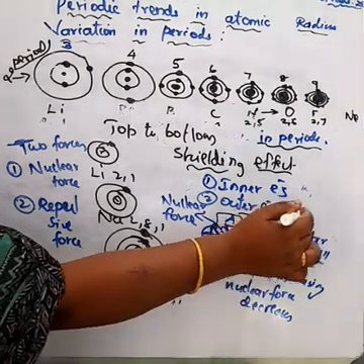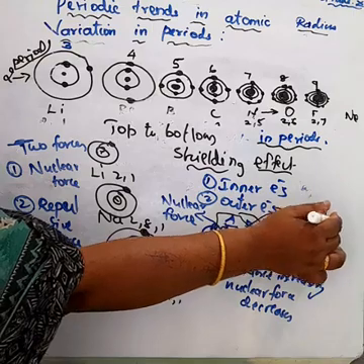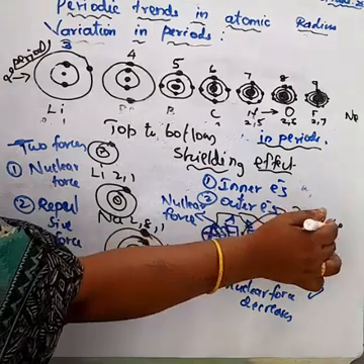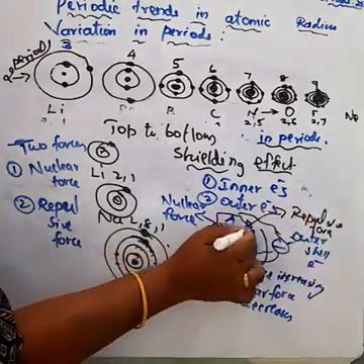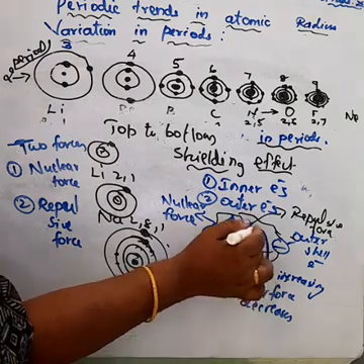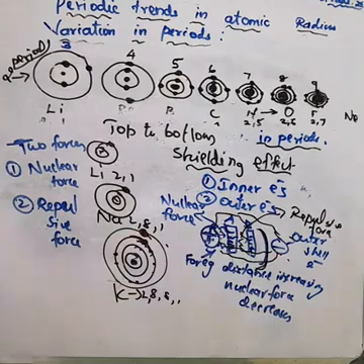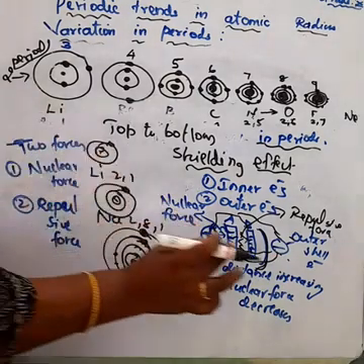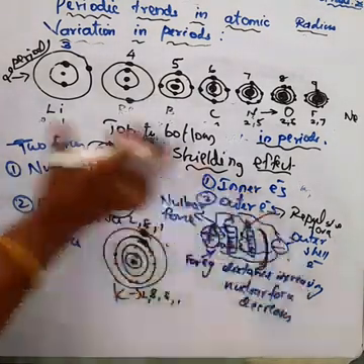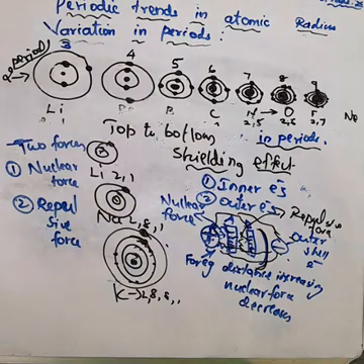These two orbits' electrons act as a screen or shield, and they always repel the outermost electron, the valence electron, also. This is called the screening effect. So what do you mean by screening effect?